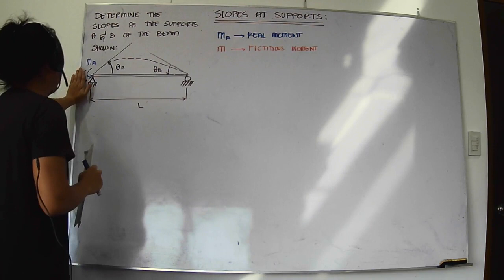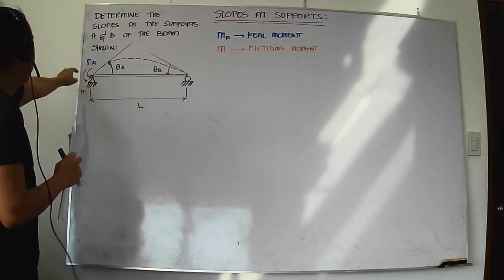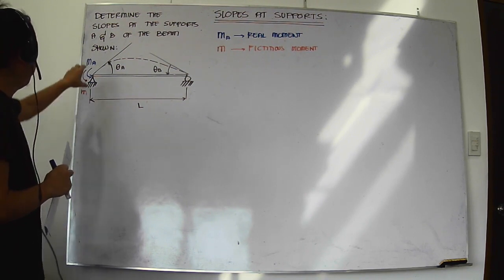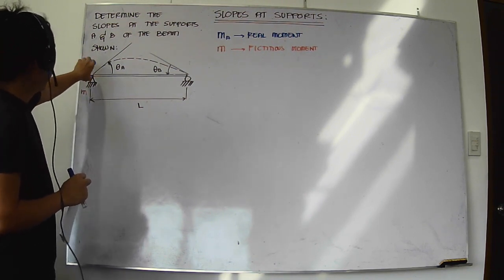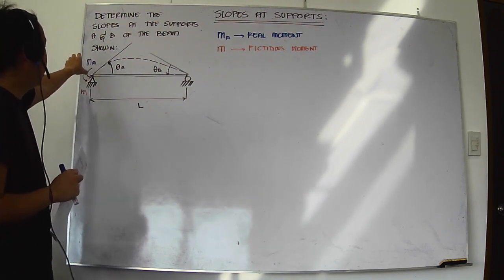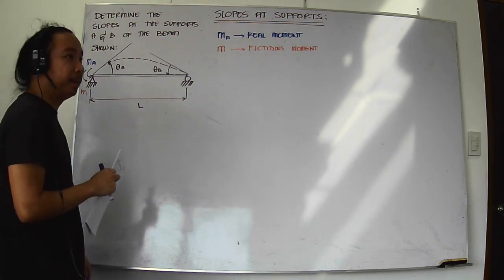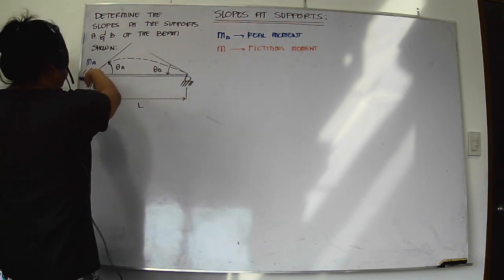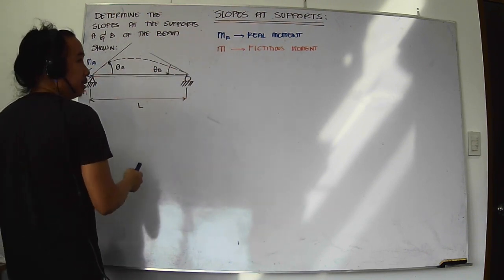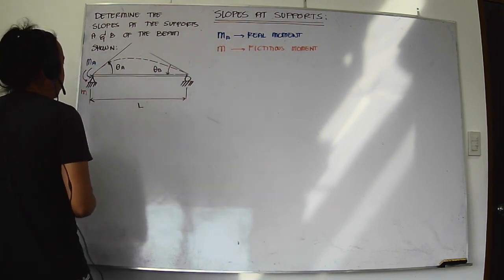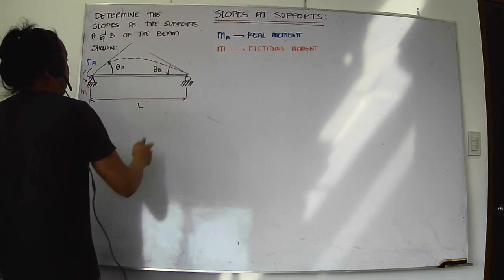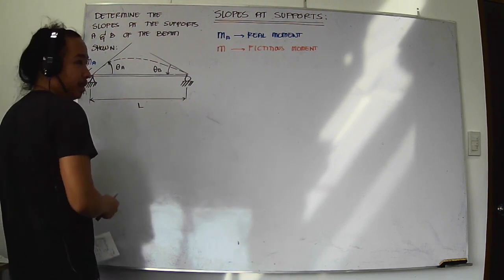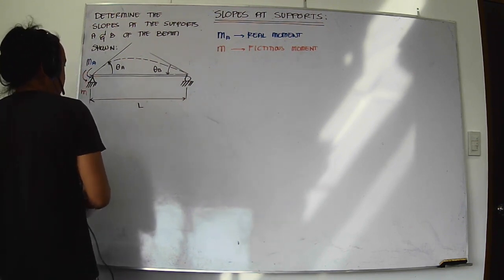Now, imagine this fictitious moment. Just think of MA. If MA is the load that rotates counterclockwise here, we need to compensate for this rotation, so the reaction should be clockwise.